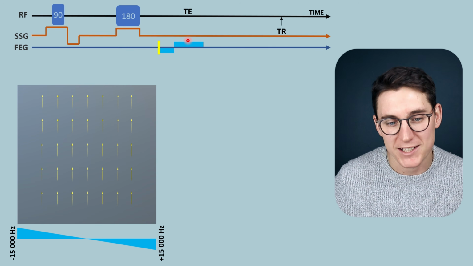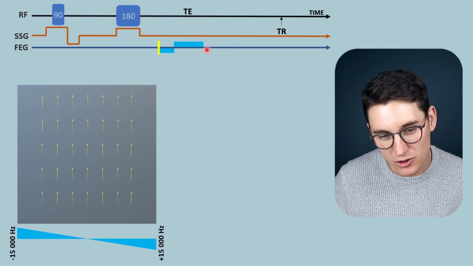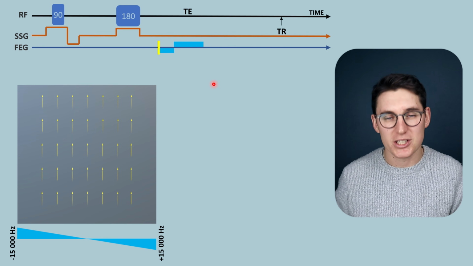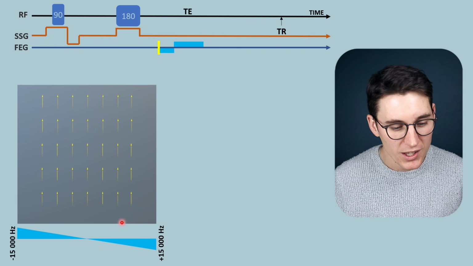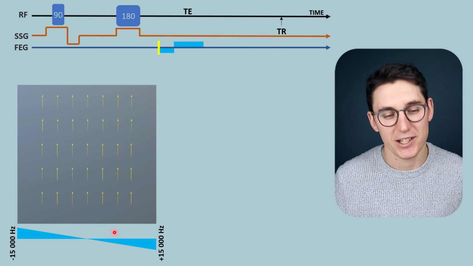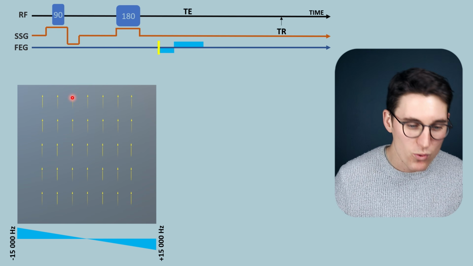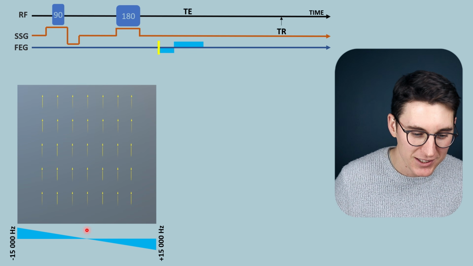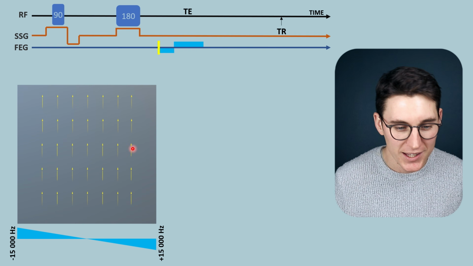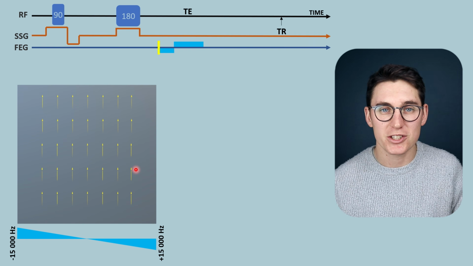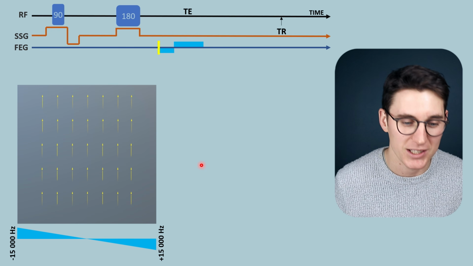They build up to a maximum at TE, and then they start to dephase again because of those differences in frequencies. Now, if we apply this dephasing gradient here, these spins on the left are going to spin faster relative to the spins at the null point in the x-axis here. These spins on the right are going to spin slower relative to these spins.